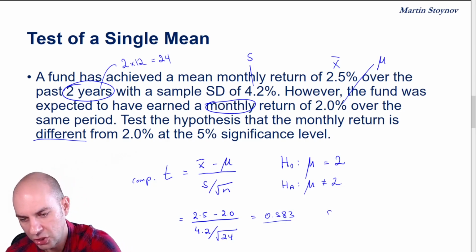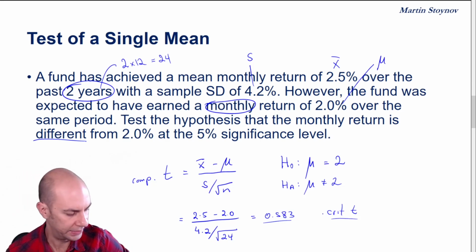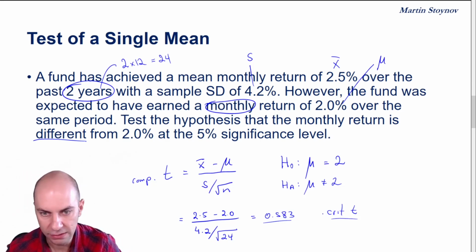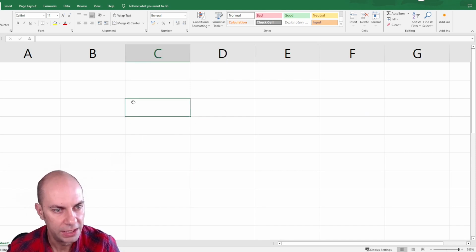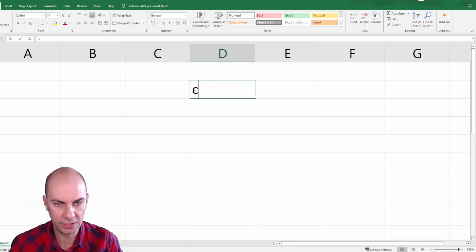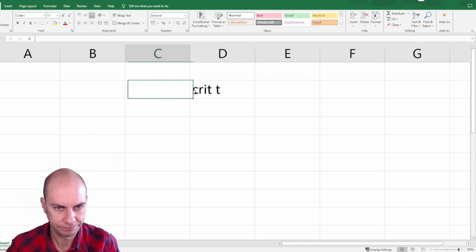So what is our critical t here? I'm going to show you how you can get this in Excel. Here we are in Excel, and we need a critical t.